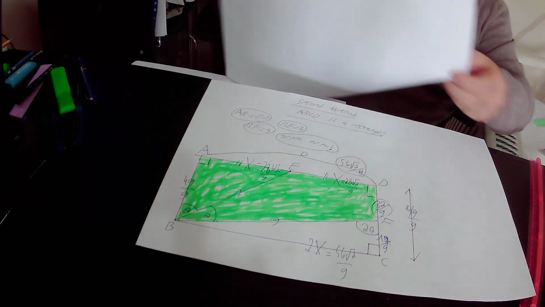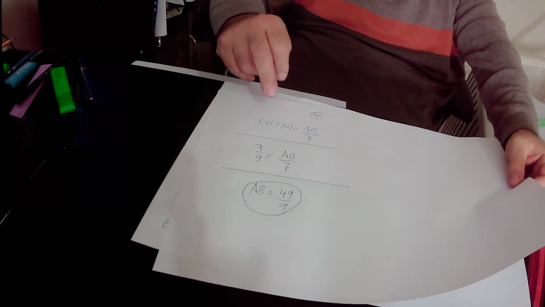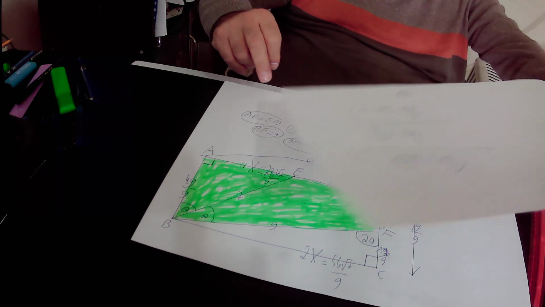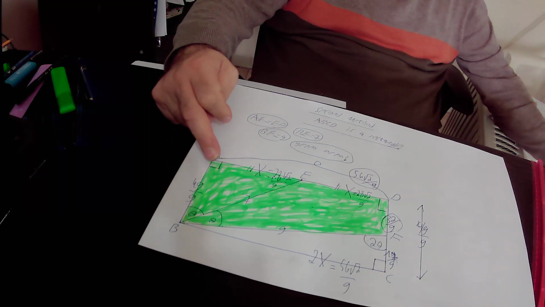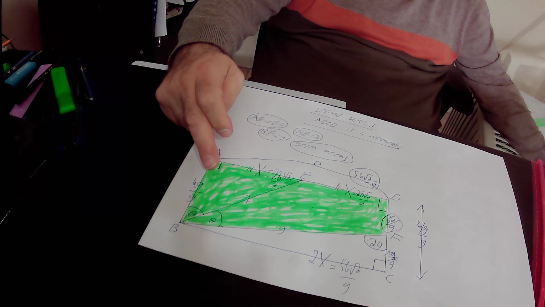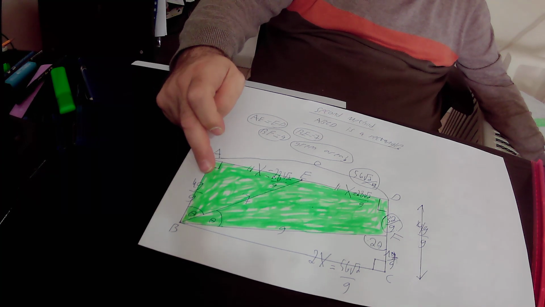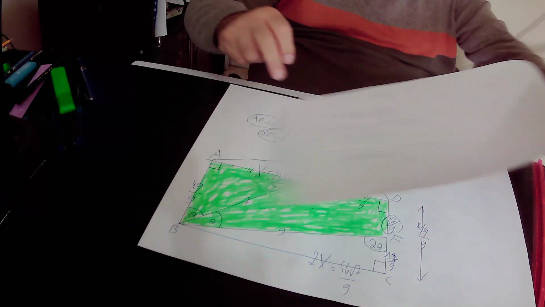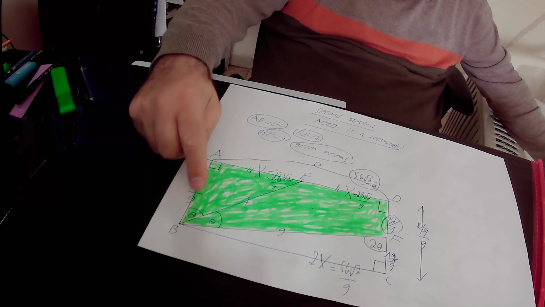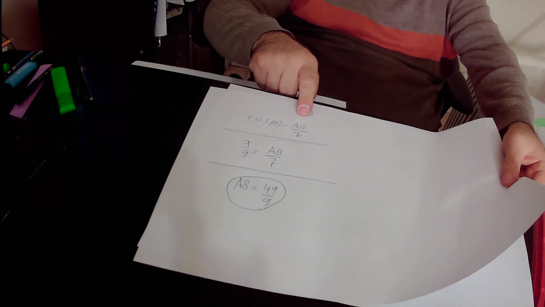Then we know that cosine theta equals 7 over 9. And if we focus on this right triangle ABE, we'll get that cosine theta equals AB over 7.